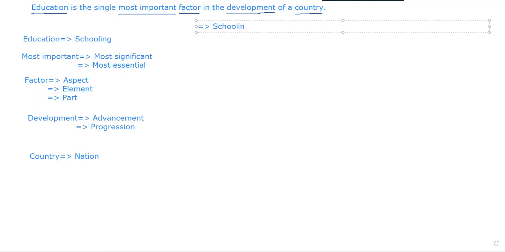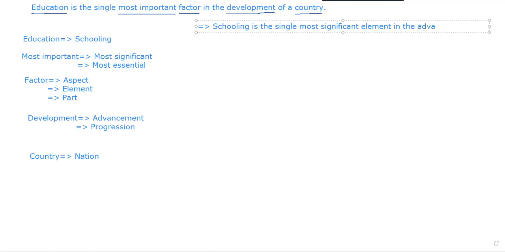So then schooling is the single most, now instead of most important we are going to use most significant. Now instead of factor, maybe we are going to use element. Then instead of development, we are going to use advancement.